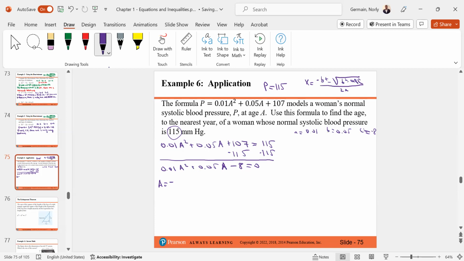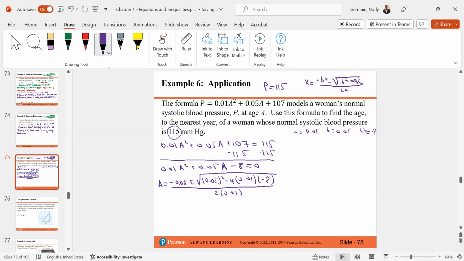Now let's do it here. We're gonna have negative 0.05 plus or minus the square root of 0.05 squared minus 4 times 0.01 times negative 8, over 2 times 0.01, right?